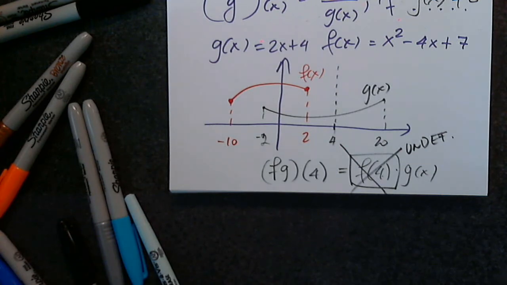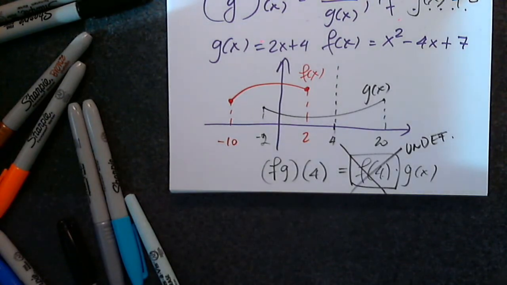If they don't, there is no point in creating these functions because there is nothing I can plug in. So what do they have to have? They must have a common domain. If they don't have a common domain, then these functions mean nothing because there is no value that we can plug in them. You can create them, but there is no value that they exist for.